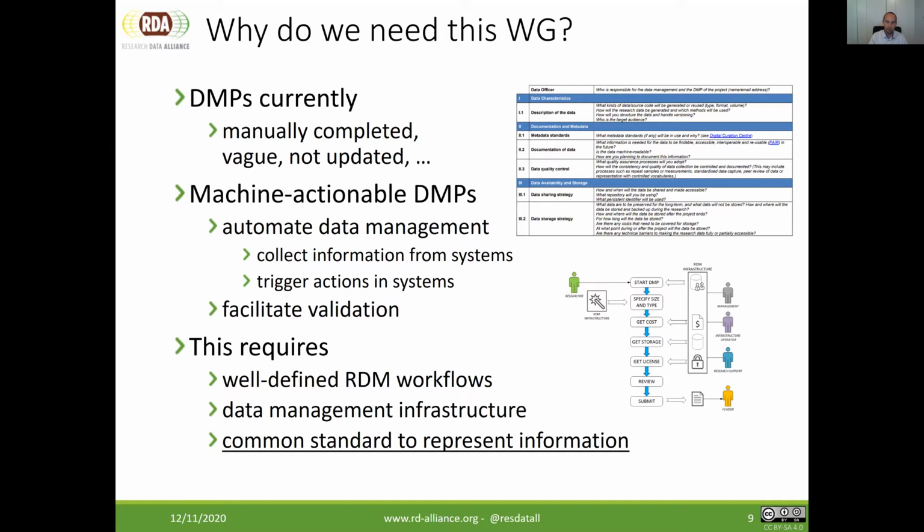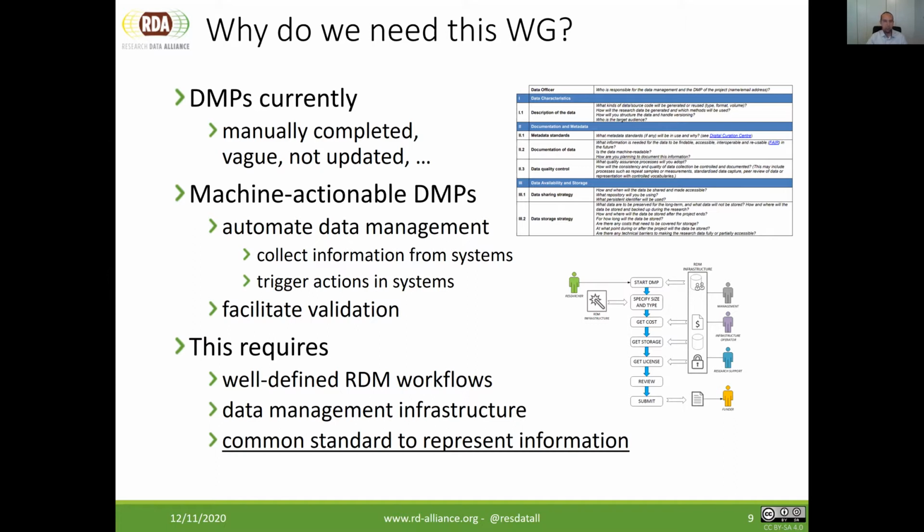We need well-defined RDM workflows, research data management workflows, meaning all different stakeholders involved in management of data need to have well-defined roles. So a researcher can provide parts of information, but research support some other part of the information, the IT support, repositories. This is a game of several people who can contribute to writing a DMP and can also get the information from a DMP.